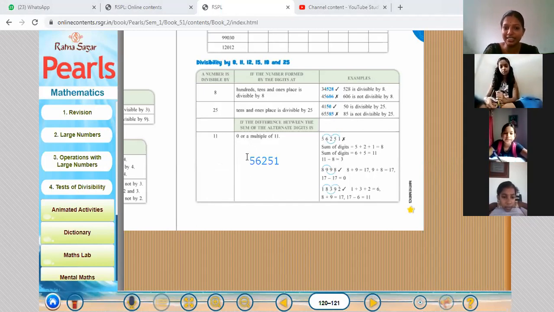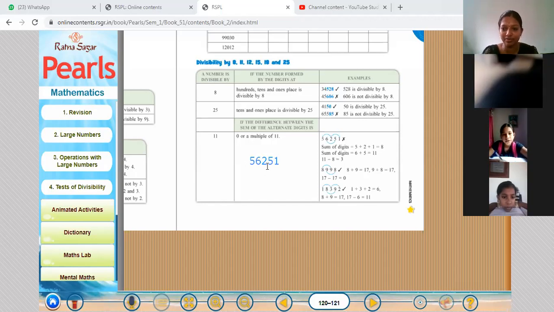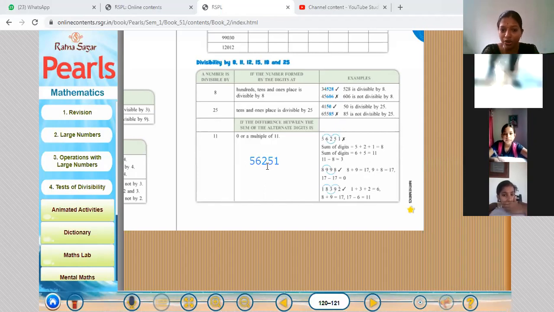The first digit is 5 and the third digit is 2. Are 5 and 2 next to each other? No. Who is in between? There is a 6 between 5 and 2. Yes. So we can say that 5 and 2 are the alternate digits.